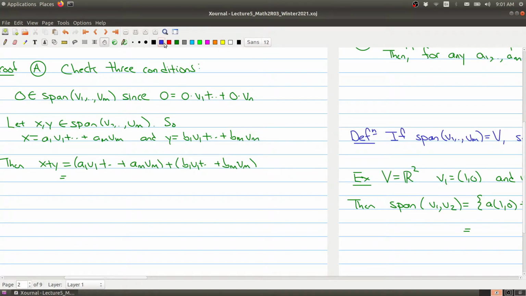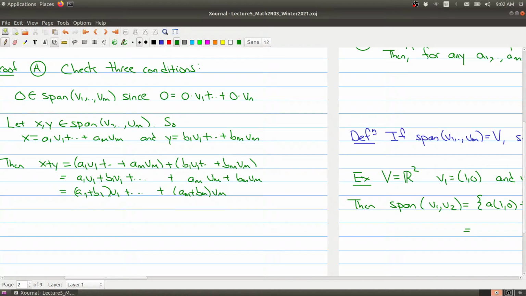So we have a1 v1 plus b1 v1 in the first spot, and then we can go all the way down to am vm plus bm vm. What we're going to be doing is just grouping all the coefficients of v1 together. So the coefficient of v1 is a1 plus b1, all the way down to am plus bm times the vector vm.